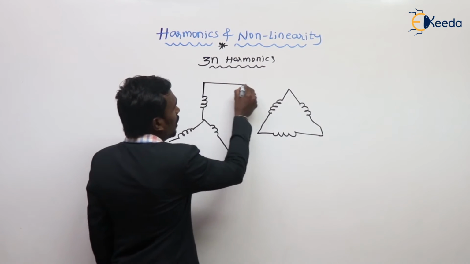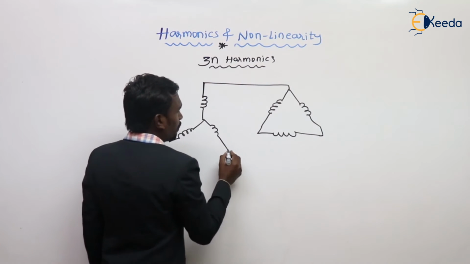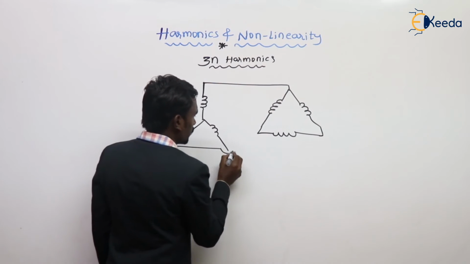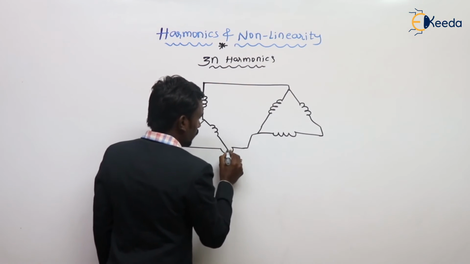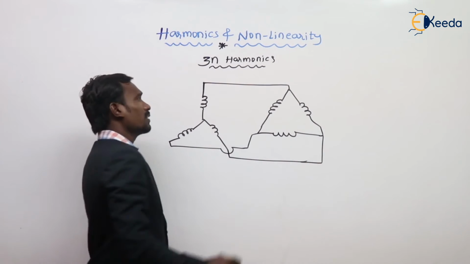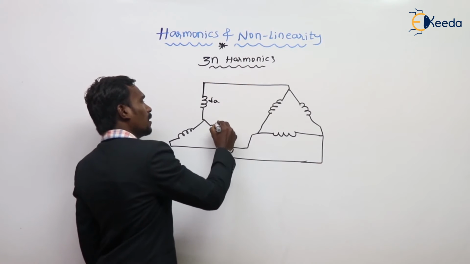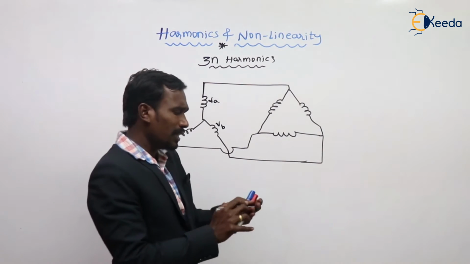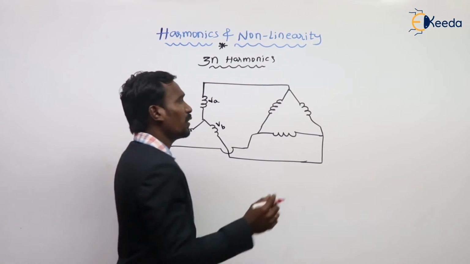I am giving the supply like this. For example, this is connected like this. This is VA, VB, and VC, and these are the transformer windings.